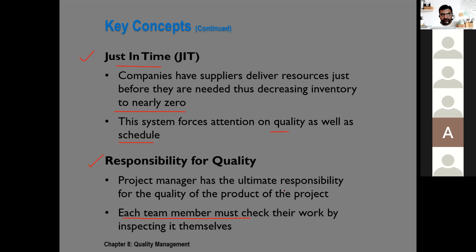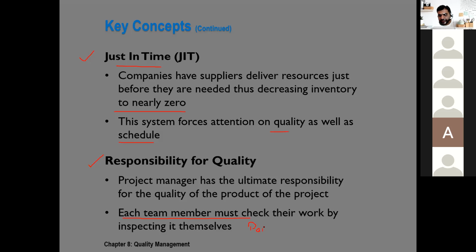But normally there are some roles and responsibilities related to quality. In fact, each team member should assure the quality for his or her own work. In fact, there are many different techniques through which we can build the quality in. We can assure the quality. One of the techniques, for example, is called pair work.